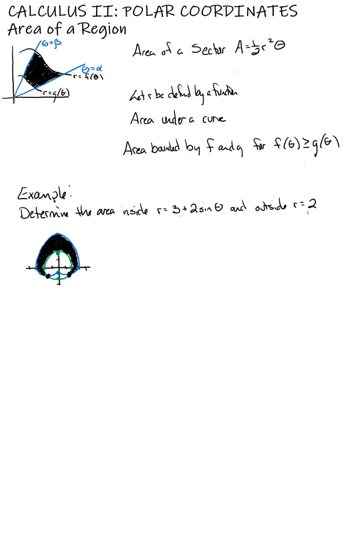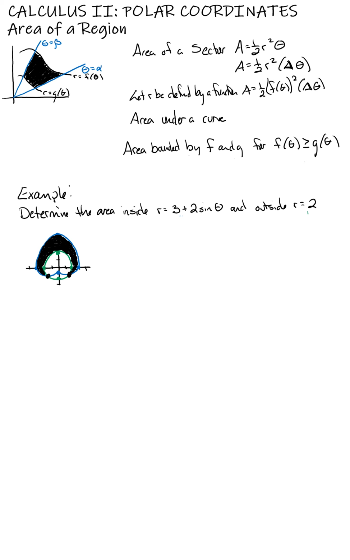So we'll write this as A is equal to 1/2 r squared delta theta, where delta theta is the difference of those two theta values. Now r we'll define as a function of theta, and so we can write this as A is equal to 1/2 f of theta quantity squared delta theta.